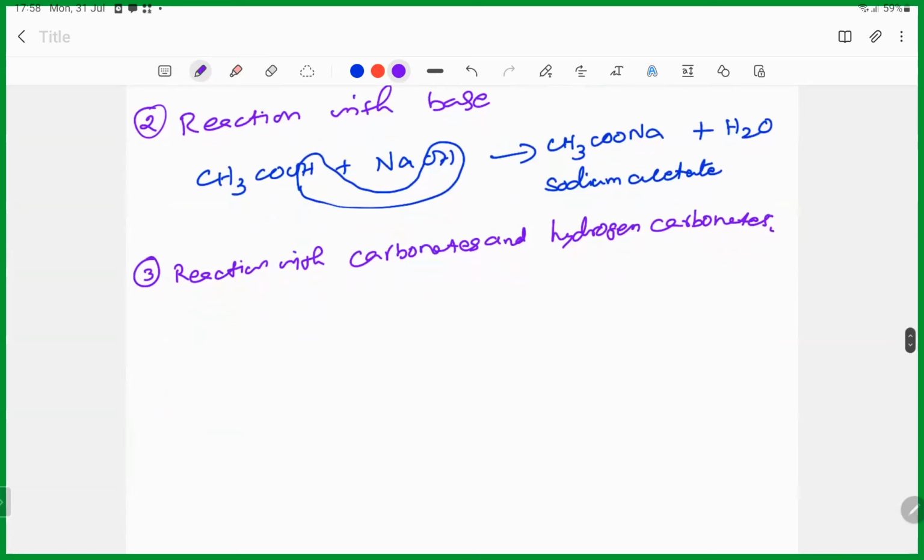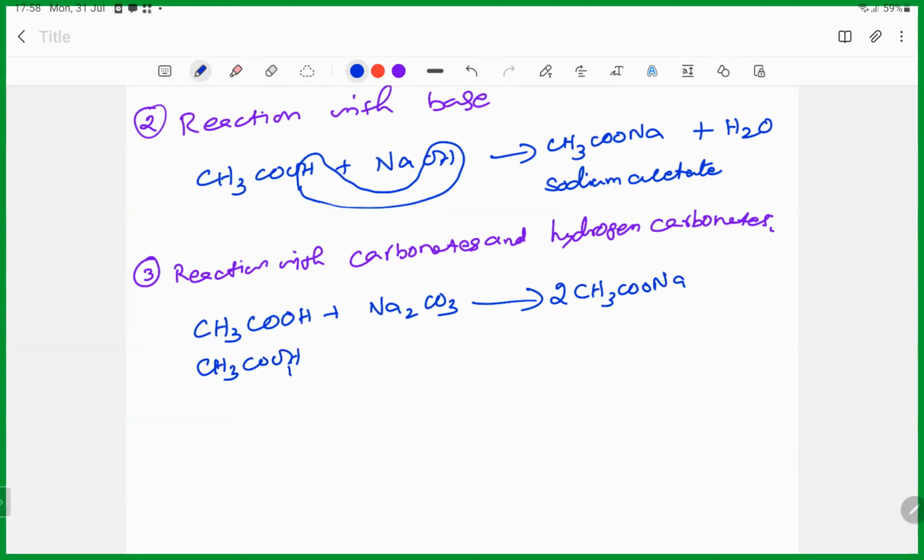So first, sodium carbonate. CH3COOH plus Na2CO3. It will take twice the molecule. It gives 2CH3COONa plus H2O plus CO2 gas.